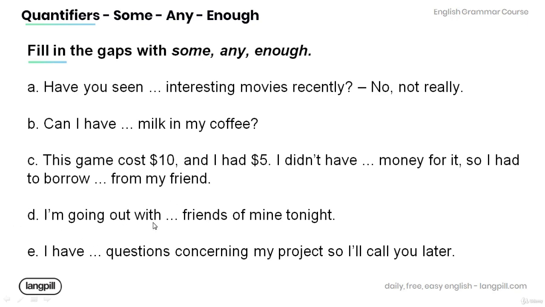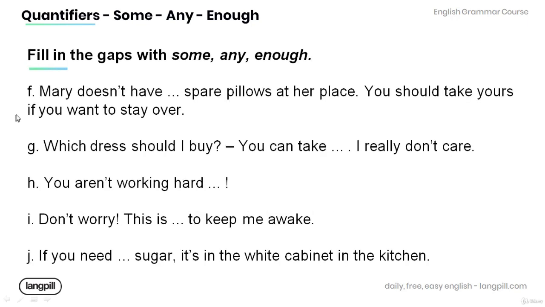D. I'm going out with friends of mine tonight. E. I have questions concerning my project, so I'll call you later. F. Mary doesn't have spare pillows at her place. You should take yours if you want to stay over. G. Which dress should I buy?